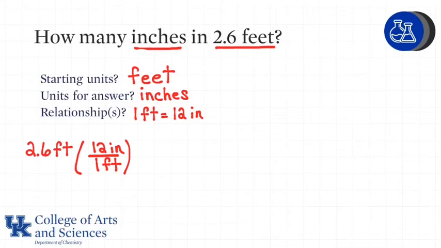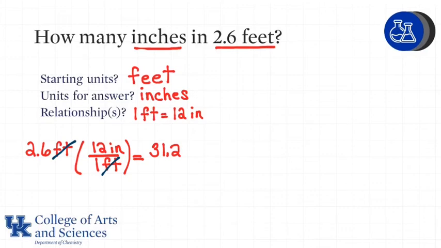So when you're putting those relationships or conversion factors in your setup, these relationships in the parentheses are always true regardless of what values you're starting with. These don't change with the numbers given in the problem. Now I can cancel out feet, and I see that I'm left with inches in the numerator, and that's the units I want for my answer.